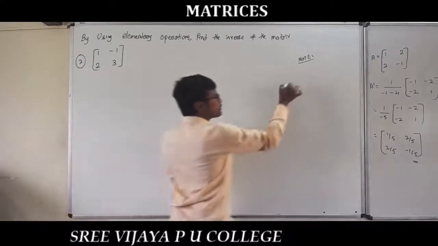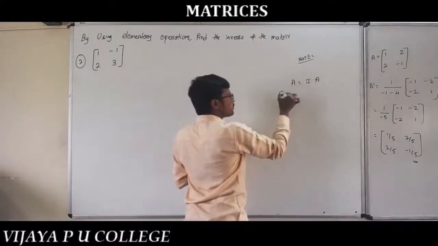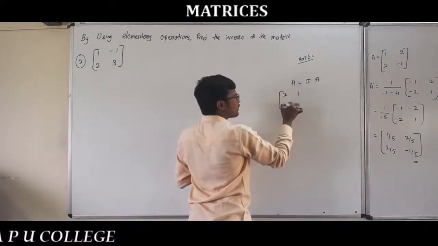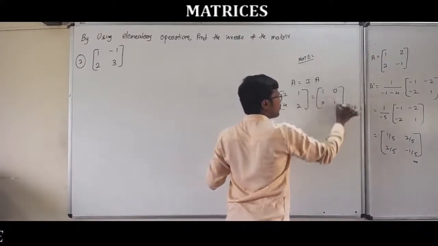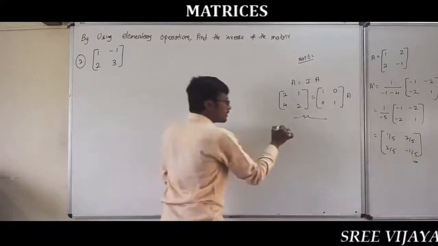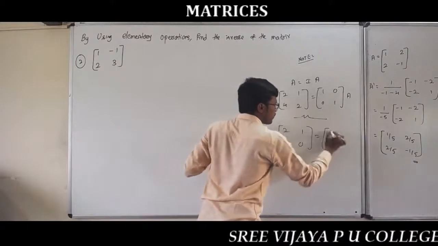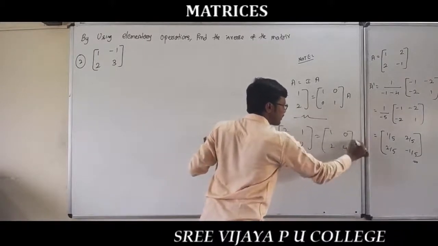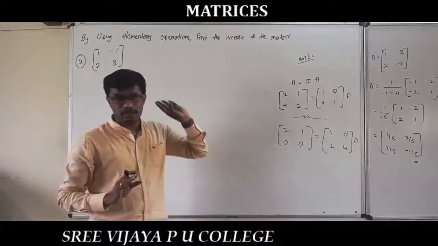Suppose A is equal to IA and you are solving a problem. You get 2, 1, 4, 2 equals 1, 0, 0, 1 into A. You applied some operation, and in the next step you got 2, 1, 0, 0 on the left and 1, 0, 2, 4 on the right. I took that as an example.